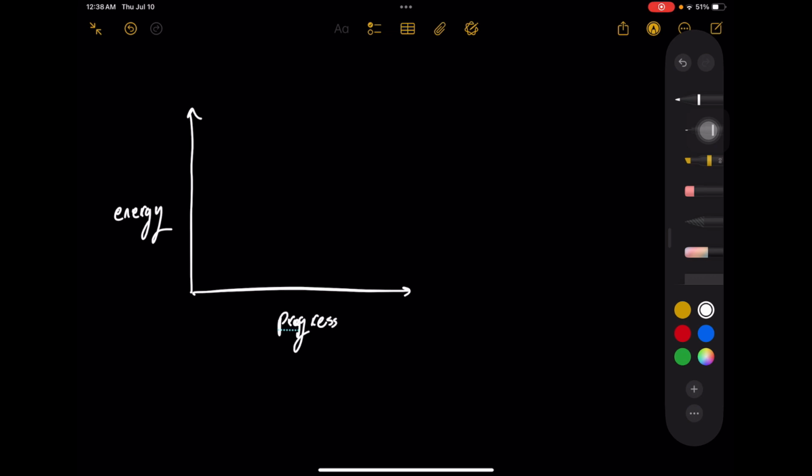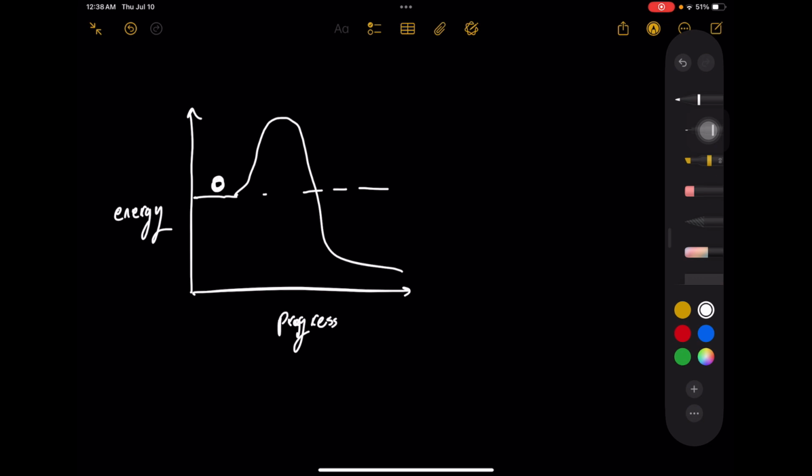Activation energy is the minimum amount of energy that is needed for the reaction to occur. If I want to give you a visualization for it, a graph like this would be best. So we have energy on the y-axis and progress on the x-axis. The graph would be something like this.